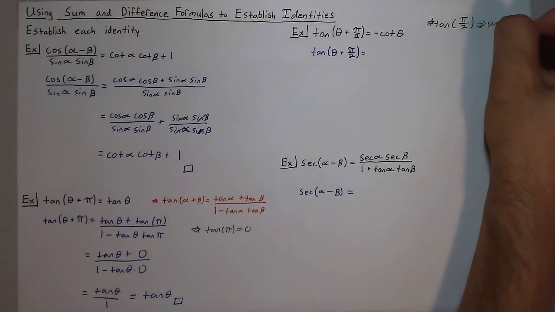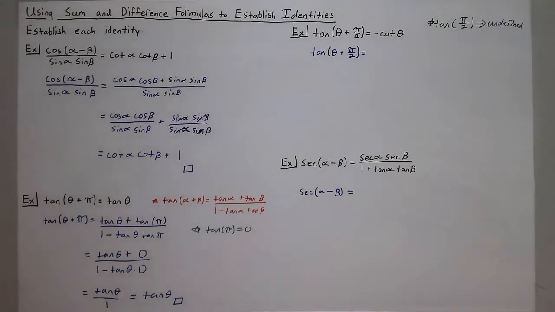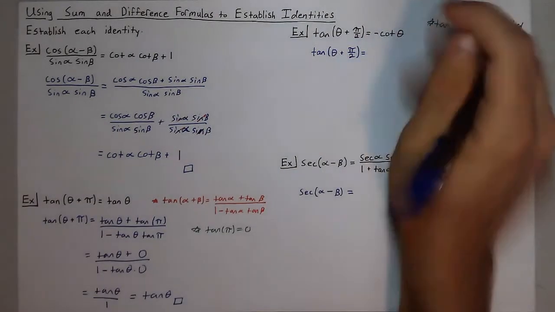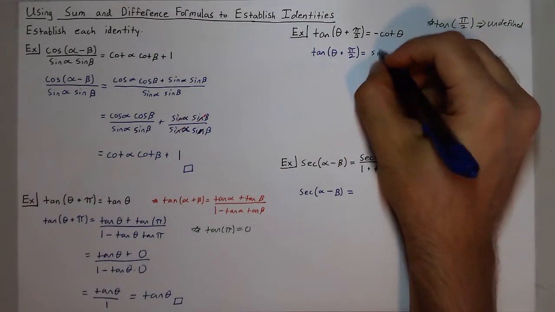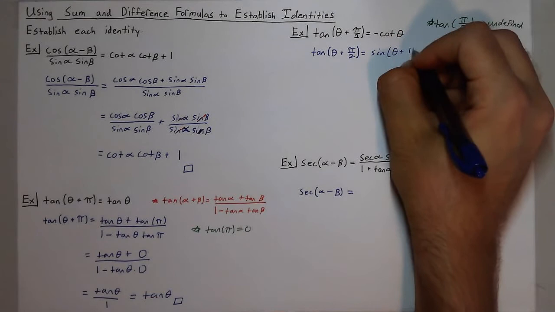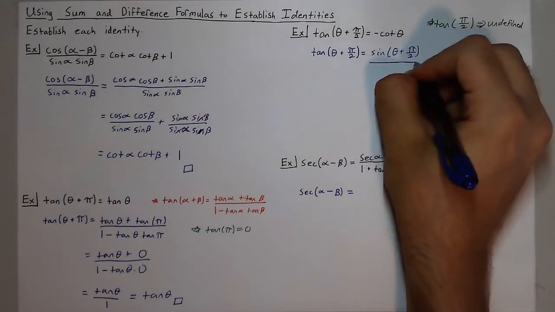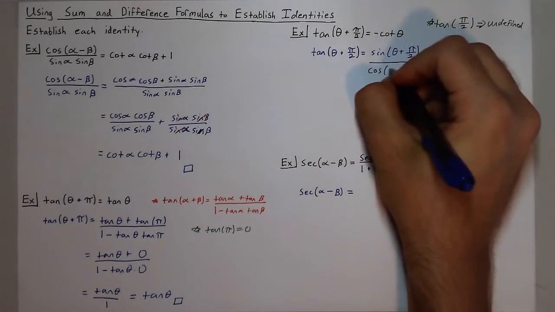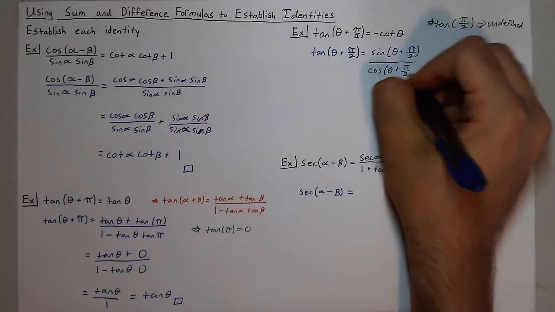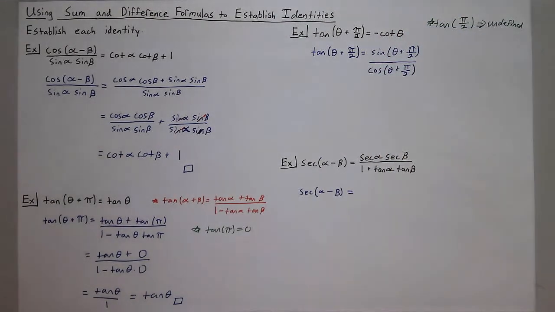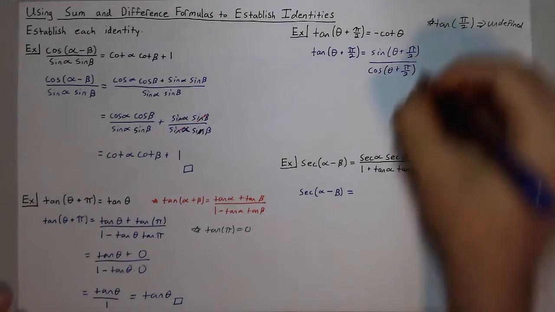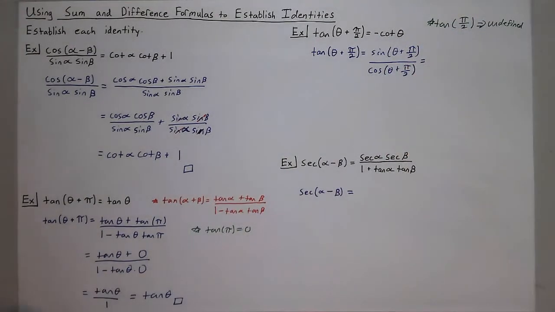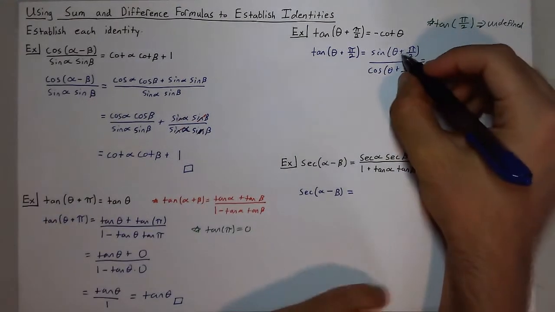So this is not the right approach, and I have to try something different. I'm going to think of this as the sine of theta plus pi over 2 over the cosine of theta plus pi over 2. In this way I can avoid those undefined statements, and now I can use the identities for sine and cosine for the sums of their angles.